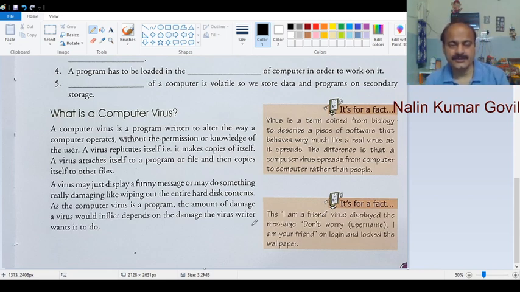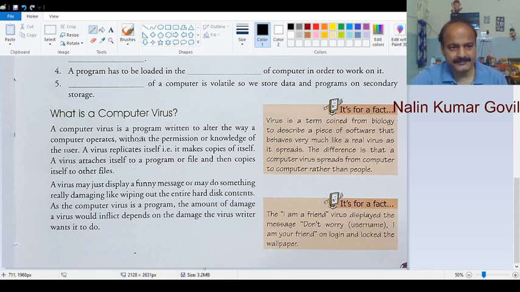Clear? Knowledge of the user means that it reads the data from your computer system, manages files, deletes files. So it can do everything in your computer system without the permission of the user. Another very important thing, the virus replicates itself, meaning that it creates its own copy in your computer system. Clear?